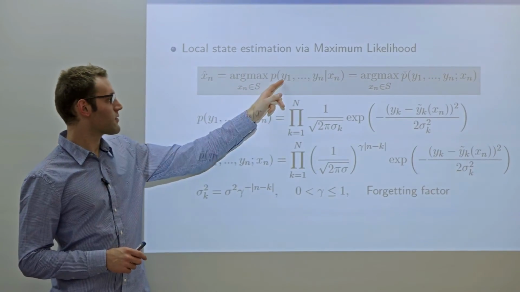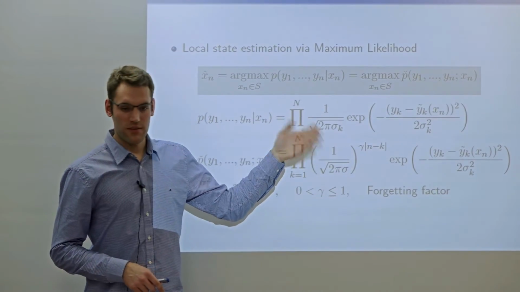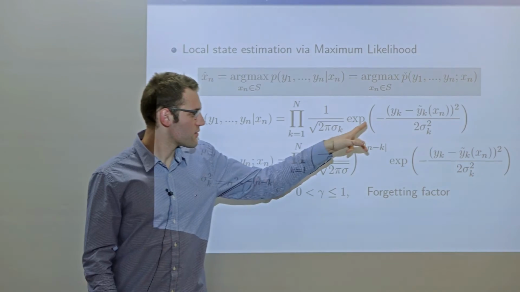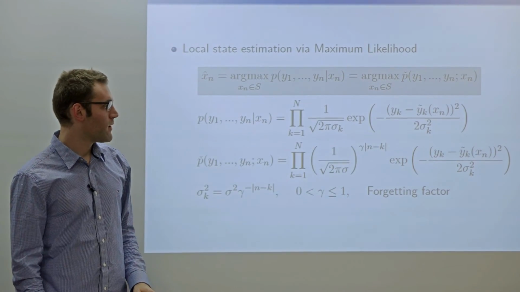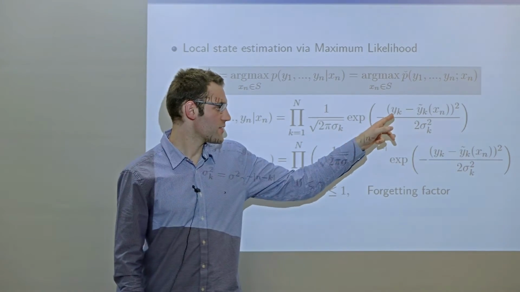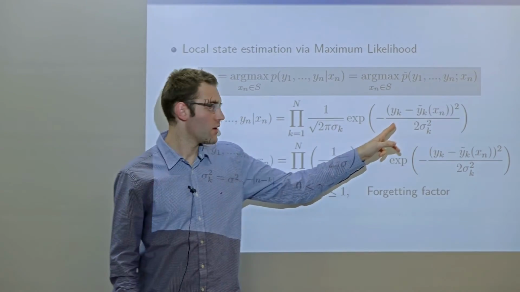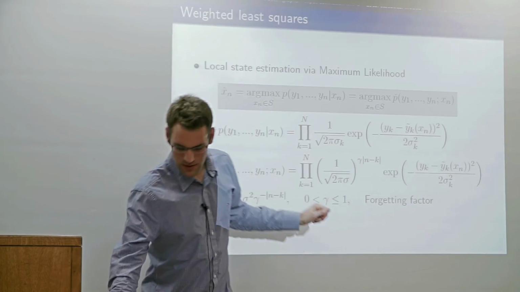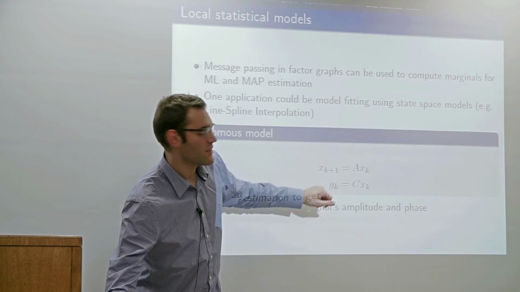So what is this likelihood function? Well, this likelihood function, assuming this Gaussian setting, is just the product over all Gaussian terms. Maybe it's easier to view it as a least squares. So here is the least squares. Here are the errors. yk is my observation, and y tilde k, well, it might be a bit confusing, but y tilde k is actually this one, so here should be a tilde.